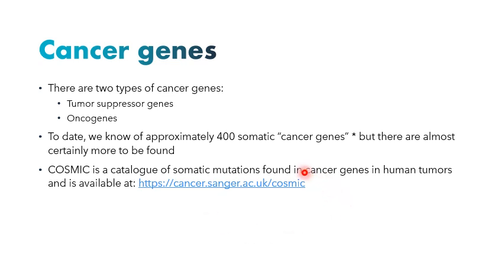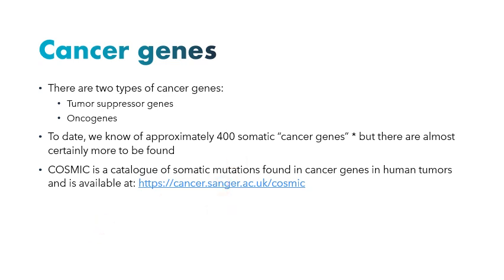If you want to check for any somatic mutations, or some of the genes behind some types of cancers, you just go to COSMIC. It's a catalog for these types of mutations that are causing cancers.